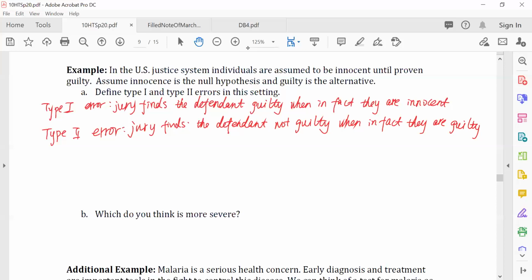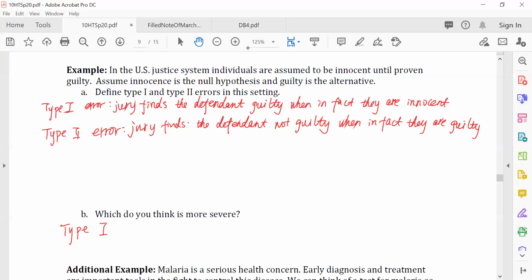So which one do you think is most severe? Send innocent people into jail, or you set criminals free? I think many of you will agree with me that this type 1 error is most severe, right?